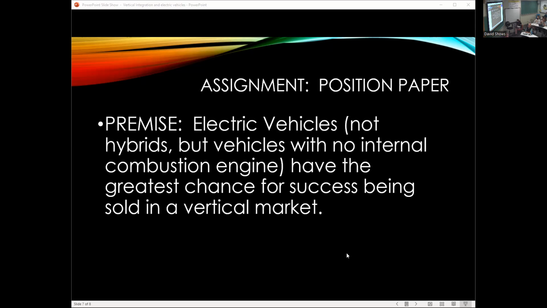So this is the premise that you will be writing on, stating whether you agree with it or disagree with it. The premise is: electric vehicles, not hybrids, but vehicles with no internal combustion engine, have the greatest chance for success being sold in a vertical market.